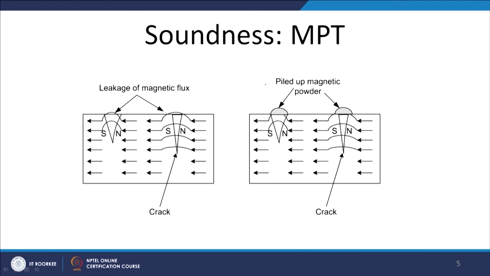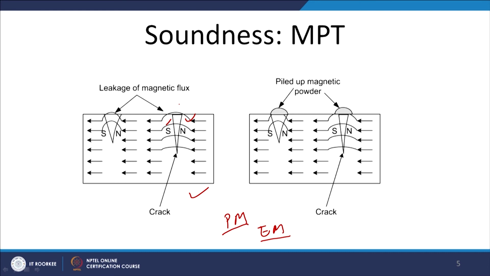Keeping this in mind, say this is the component having the discontinuities. It is magnetized either using permanent magnets or electromagnets. Obviously the north and south poles will be formed, and the locations having discontinuities will be where the leakage of the magnetic flux starts, forming 2 additional poles.